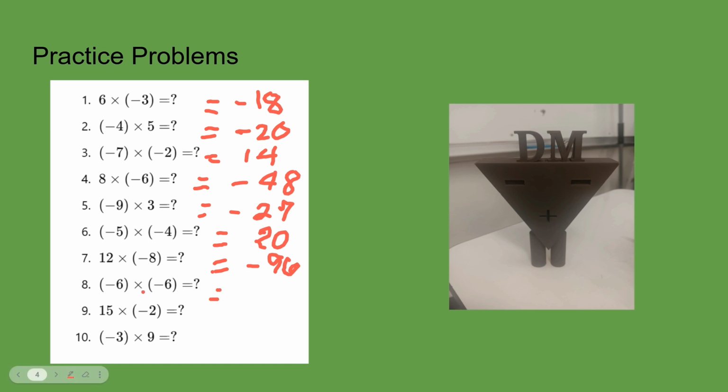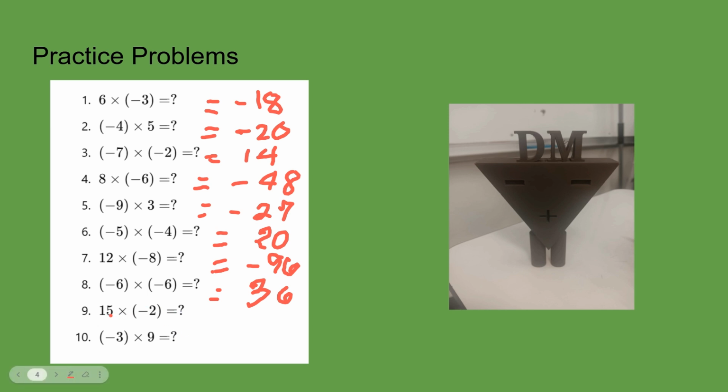And then, of course, negative 6 times negative 6. Negative times negative, the remaining is the mouth, which has the positive sign. So it's 36. 36, yes. And next one.